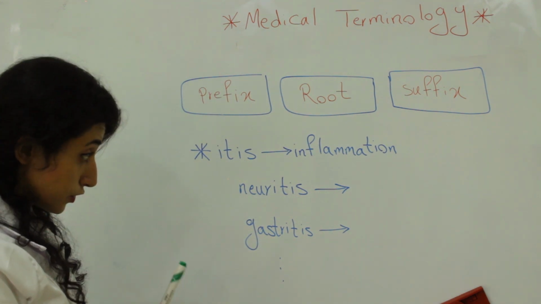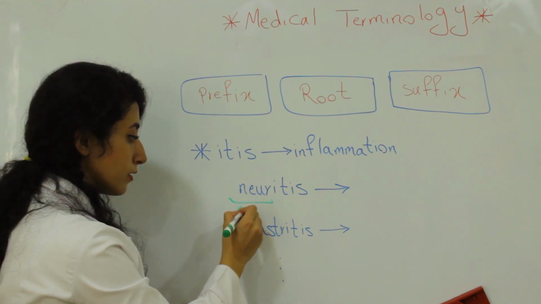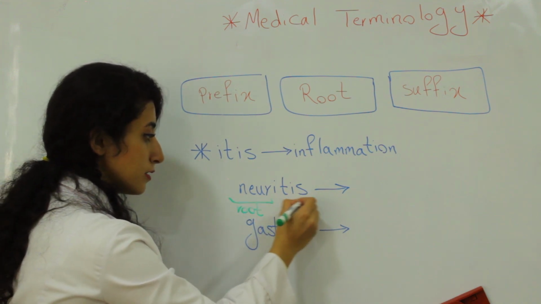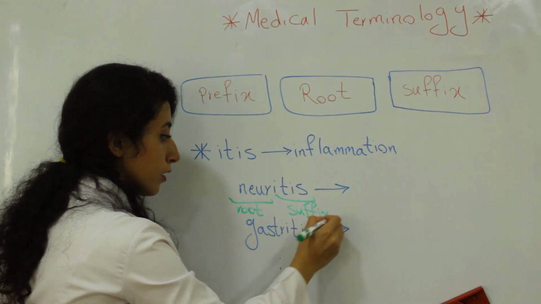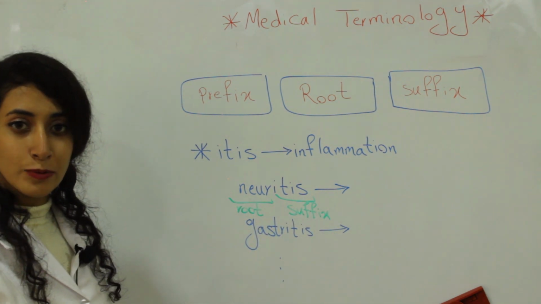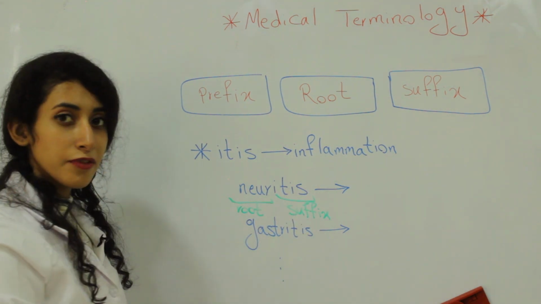Neuritis, as we see here, has two parts. Neuro, we call the root, and itis, we call the suffix. Neuro, as I told you, is related to the nervous system or nerve, and itis is inflammation.